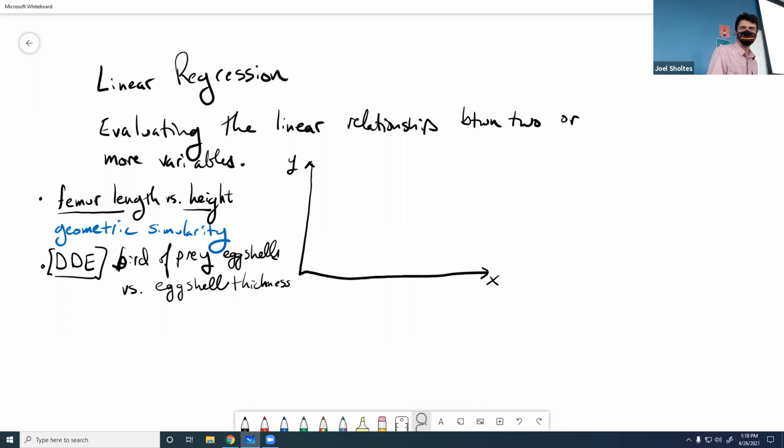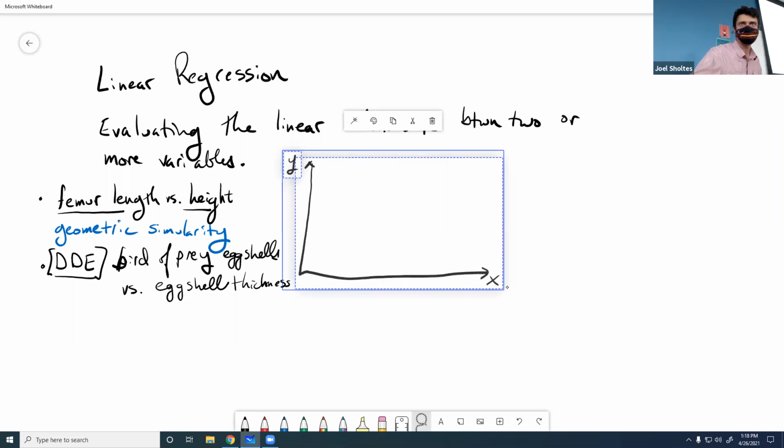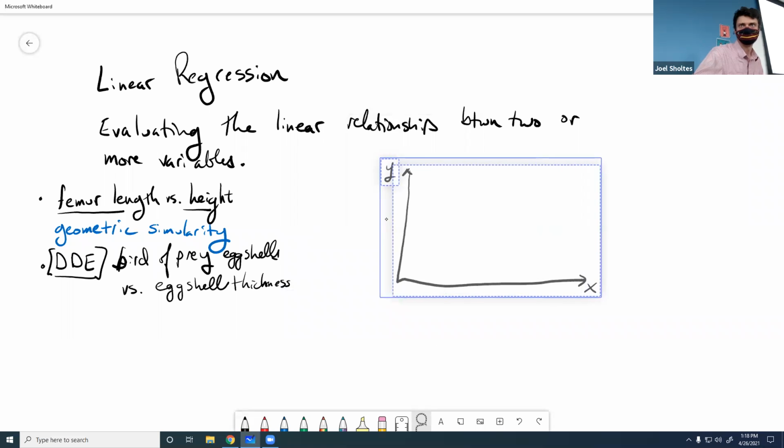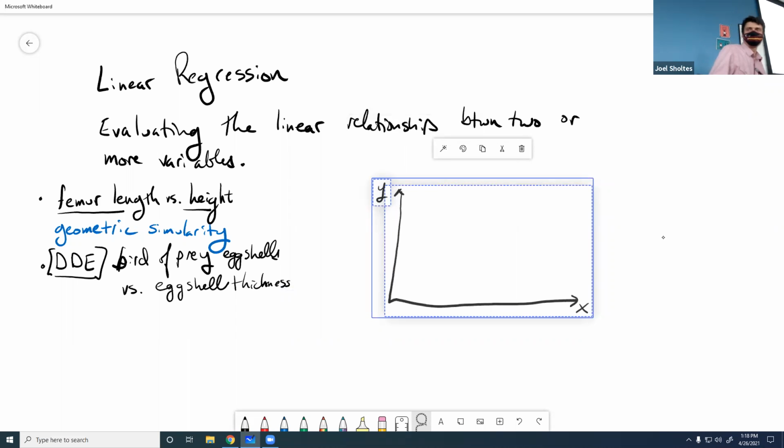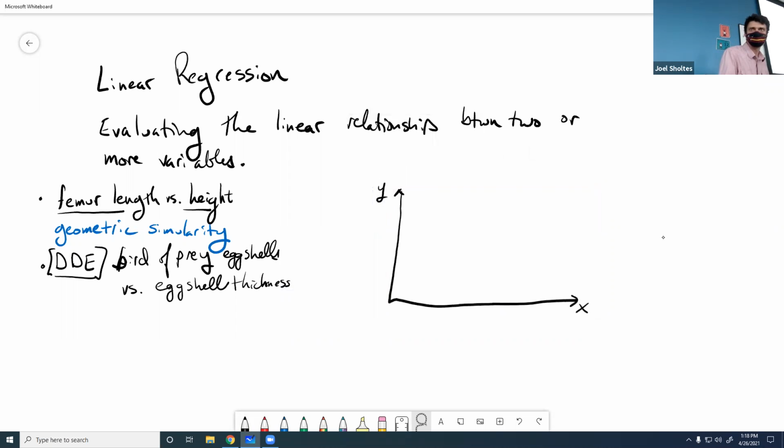So I'm going to move this over a little bit. We're getting a little crowded. Okay. And the example I'm going to give is hydrology. That's what I do.